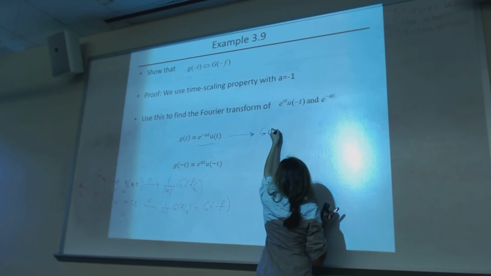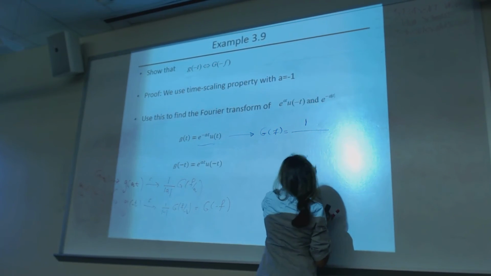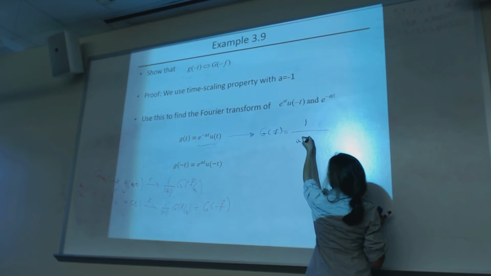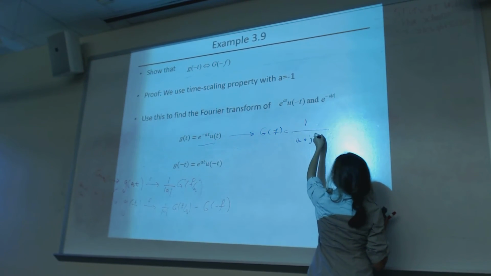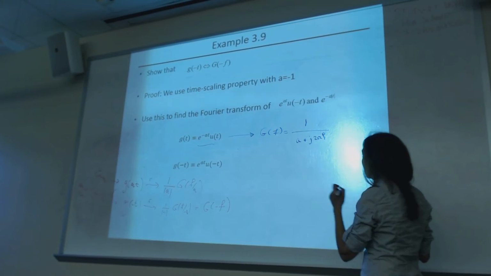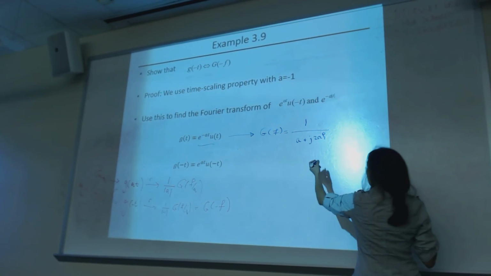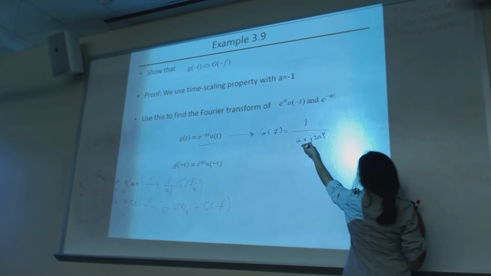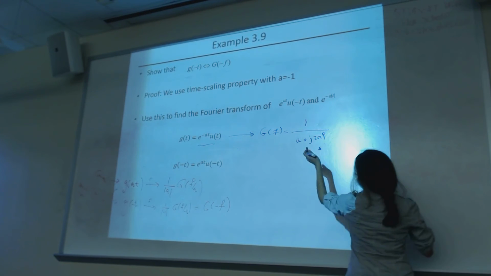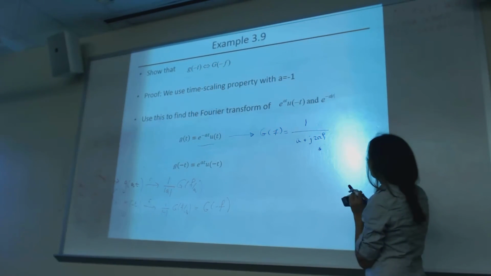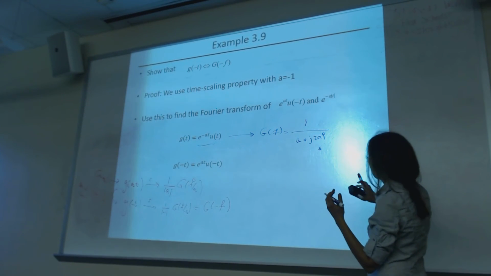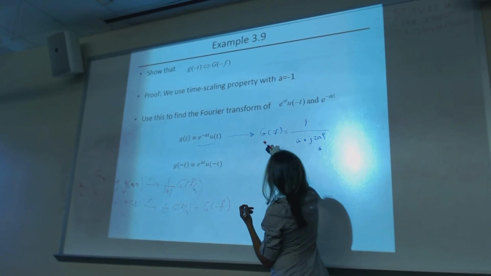G of f is 1 over a plus j 2 pi f. If you remember Laplace, this is s, right? The whole thing a plus j 2 pi f is s. If you're familiar with Laplace, a lot of things you can just correspond with Laplace, and that may help you understand things better. But anyway, G of f is that.